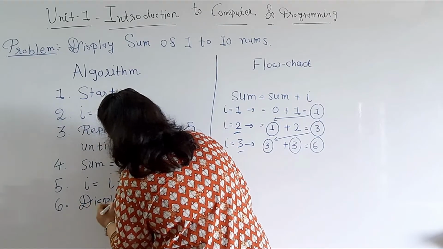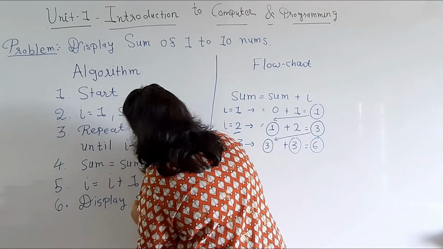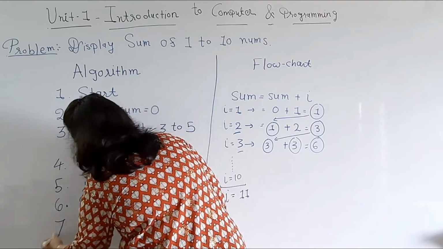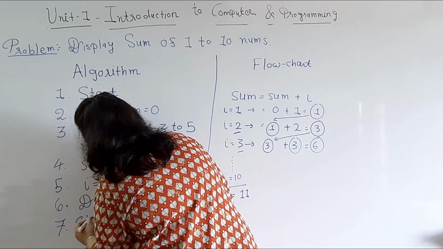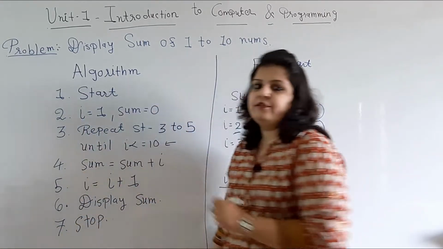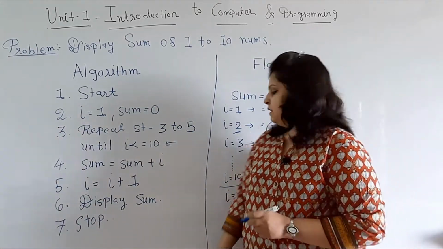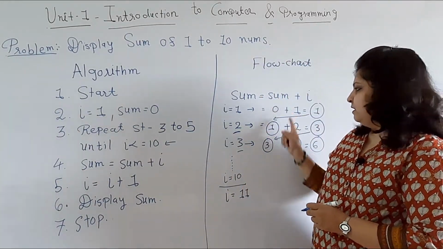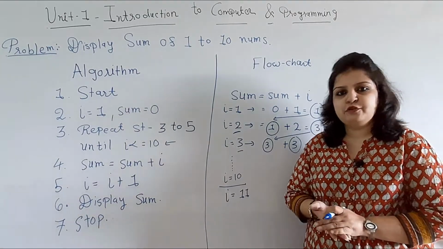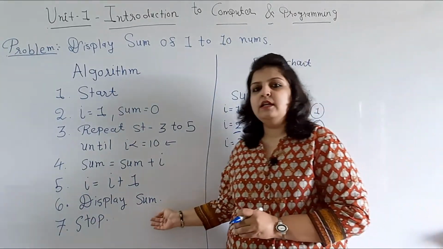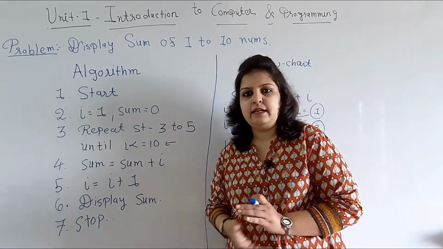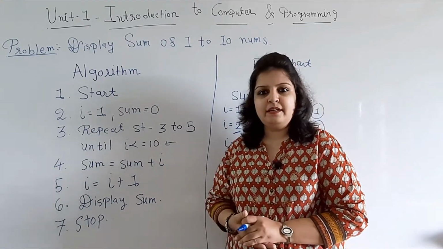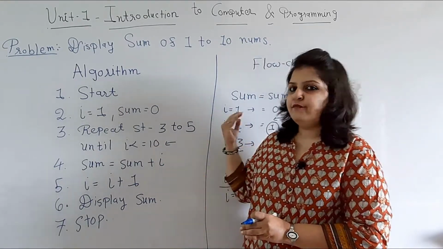So I am writing display sum, and at last stop. Finally, the answer 55 will be stored in the sum variable and 55 will be displayed on the screen. So the algorithm is completed. Now let us move to the flowchart part.